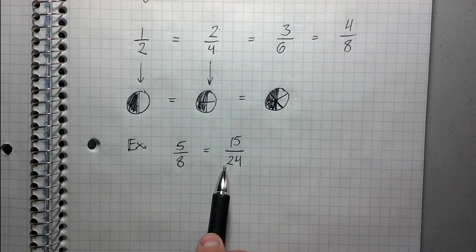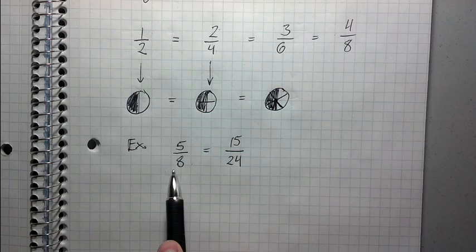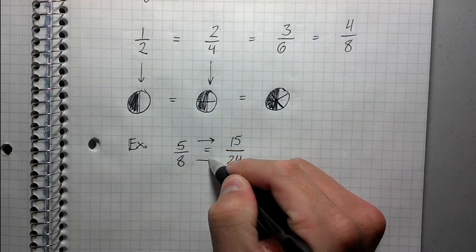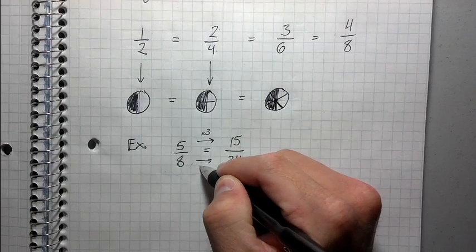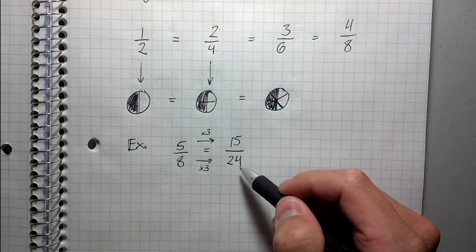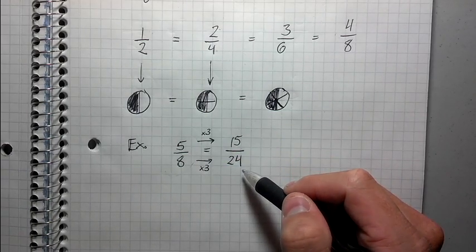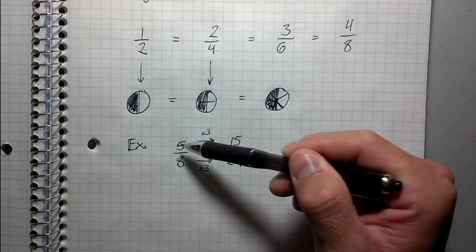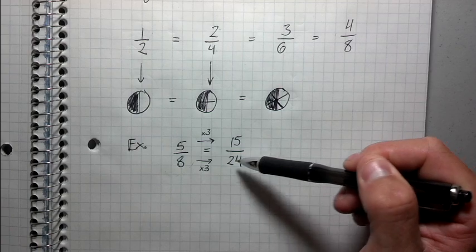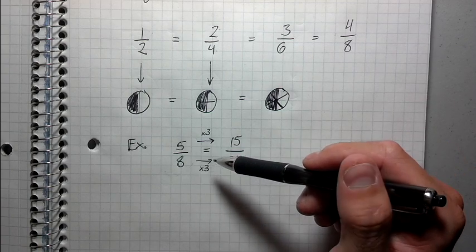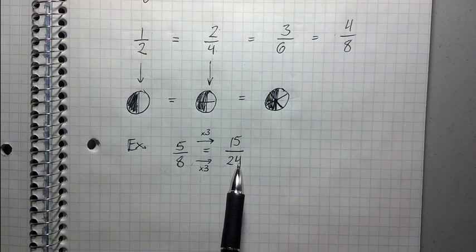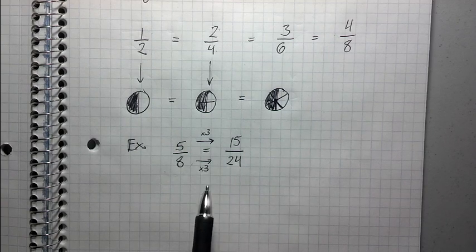That's a very important thing to understand. And just like I can multiply top and bottom like this, times 3 times 3, and get an equivalent fraction, I can go backwards. I can divide. Do you see how if I went 15 divided by 3, I'd get 5, and 24 divided by 3, I'd get 8? You usually don't make fractions more complicated like this. Usually it's the division. I just want to illustrate that it goes both ways.